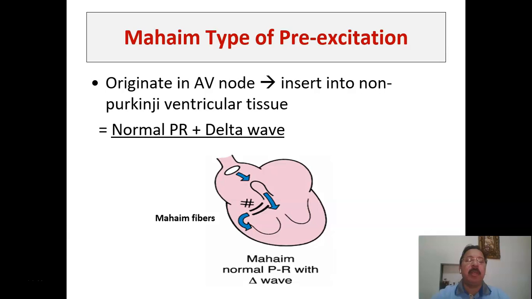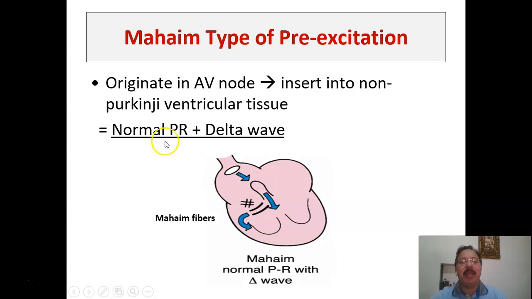The third mechanism of accessory pathways or pre-excitation is the Mahaim type of pre-excitation syndrome. Here, these fibers originate in the AV node and insert into the non-Purkinje ventricular tissues.